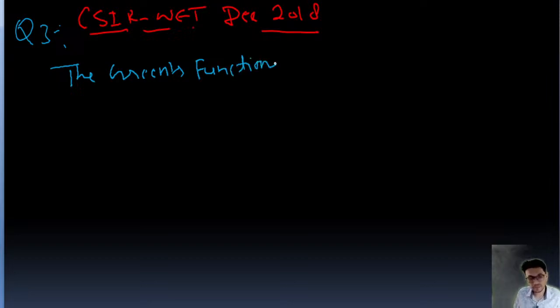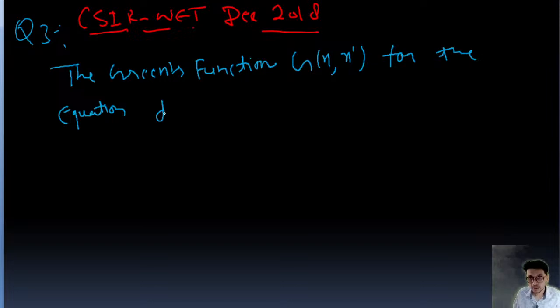The question is, the Green's function g, which is a function of x and x dash, for the equation d2y over dx square equal to f(x). Okay, this is the same question, guys.